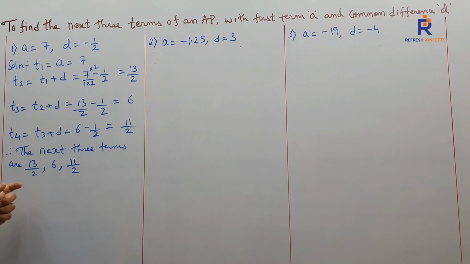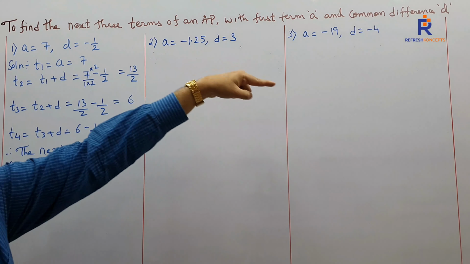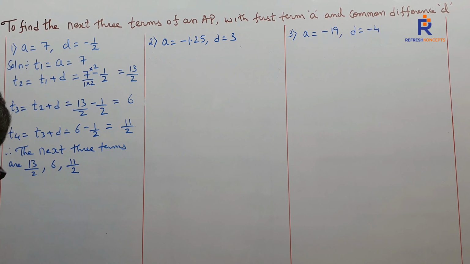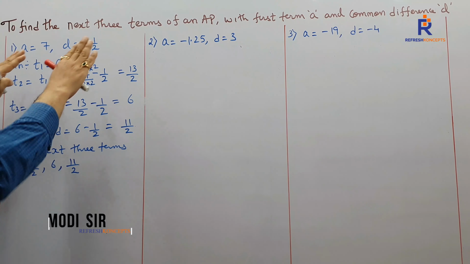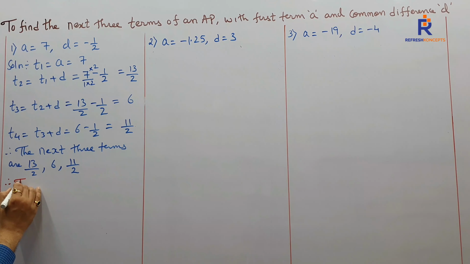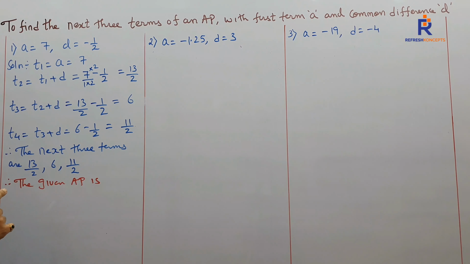Now children, only in the first case I'll make you understand. If the question would have said, hence write down the AP, then only I'm writing with a different marker, so that my question ends over here. Whatever they have given ends over here. But if they were to ask you to hence write down the AP, then we would have written, therefore the given AP is, to start off with the first term, A, which is 7.